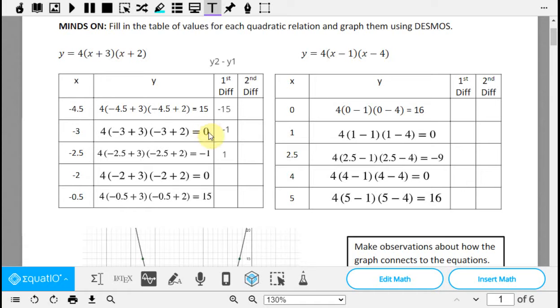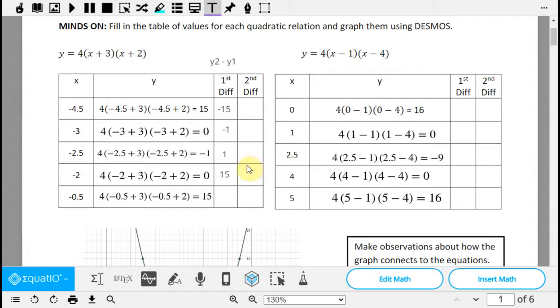Up here, going from here to there, y2 minus y1, 0 minus 15 is minus 15. Minus 1 minus 0 is minus 1. Going from 0 to 15 is plus 15. And then when we get to the last one, there's an empty spot because we don't know what the next value is. So there's our first differences.